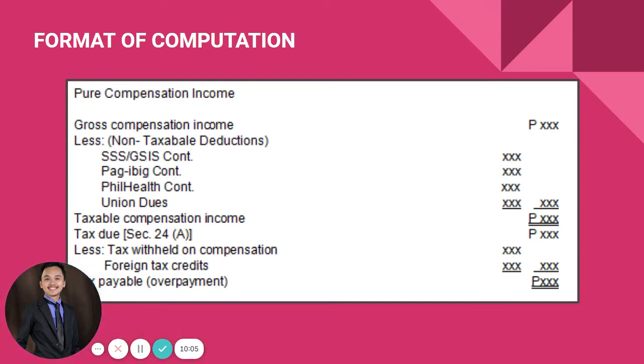for active income. Again, it is called active income, guys, because it requires active participation on the part of the taxpayer in order for him or her to earn an income. For example, your compensation income, the employee will not be earning if the employee will not report to work.